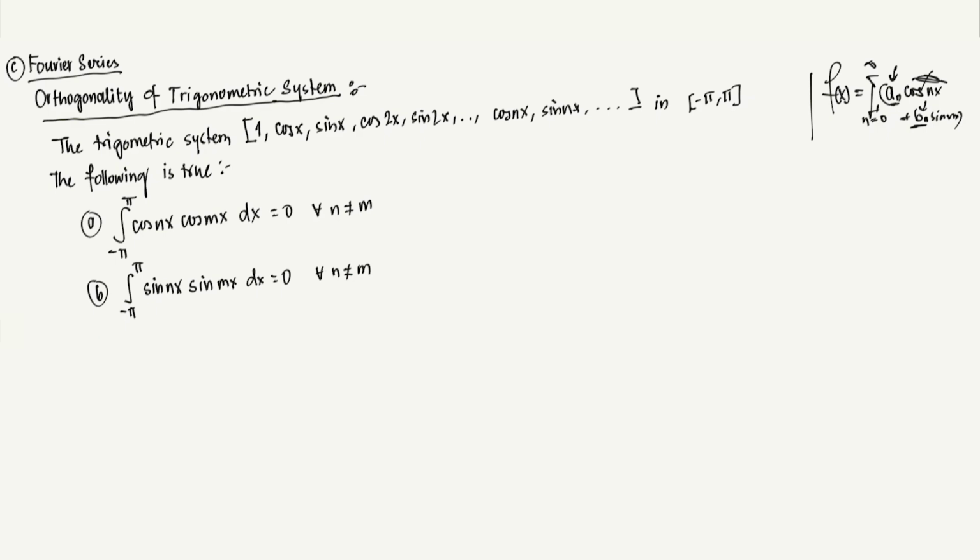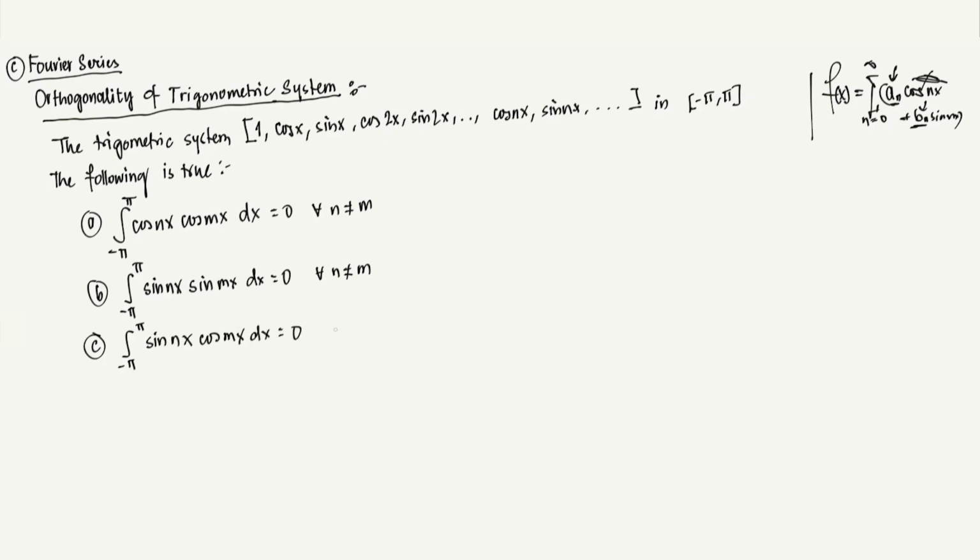Similarly, moreover, what happens with sines and cosines? If you integrate sine nx and cosine mx dx, that is also going to give you 0.